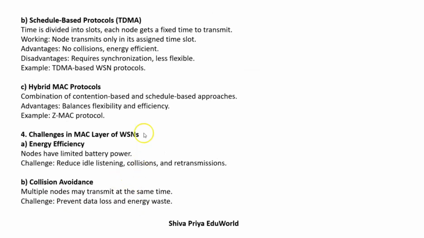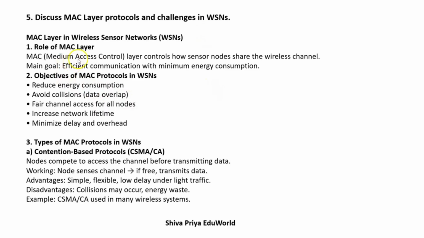Let us see the second one, schedule based protocols, that is TDMA. Time is divided into slots here. Each node gets a fixed time to transmit. As I already told you, here there is fair channel access for all the nodes.